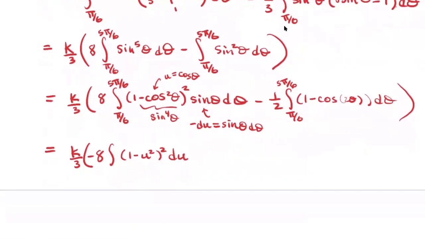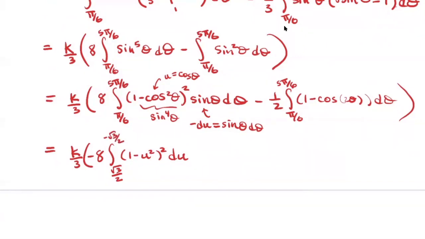Okay, where was I? So at pi over 6, cosine theta is root 3 over 2. So you're going to go from root 3 over 2 as the lower limit to the cosine of 5 pi over 6, which I think is negative root 3 over 2.